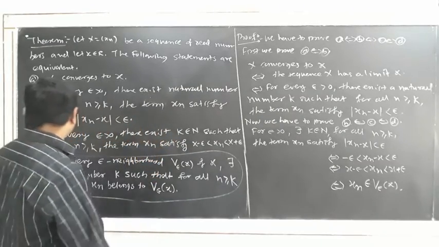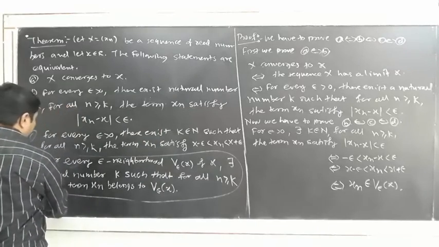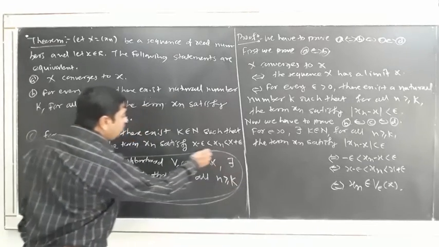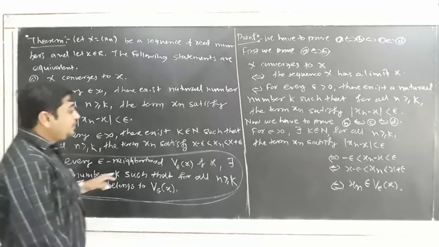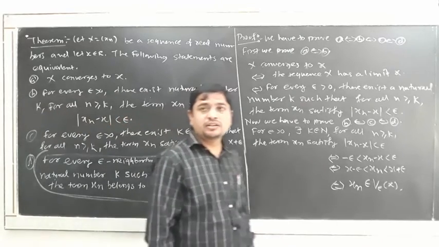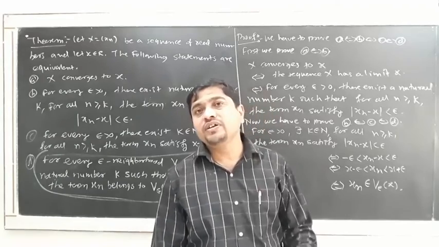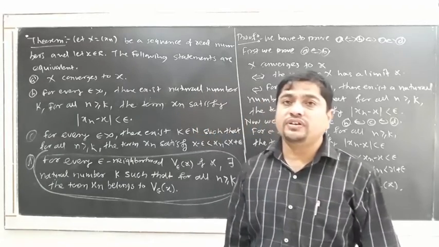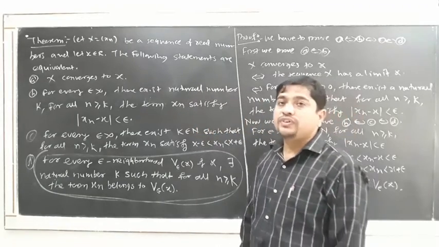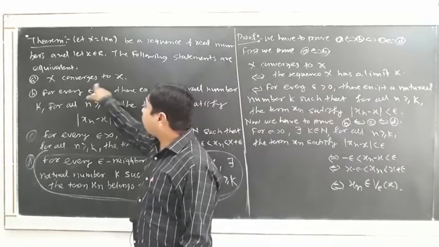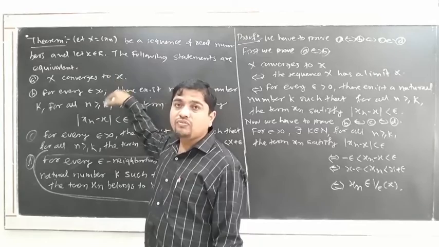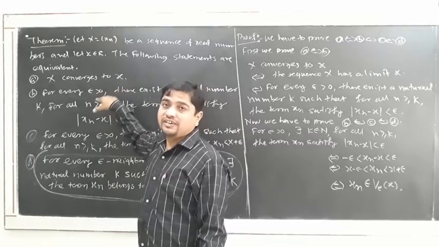Now what does this statement show? The meaning of this statement is nothing but the definition of the limit of a sequence. xn converges to x means xn has a limit x.